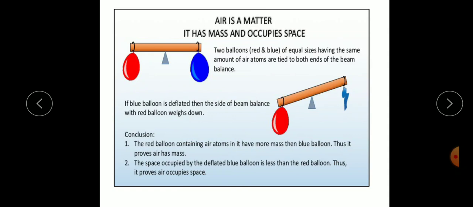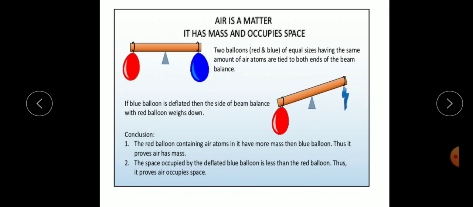Let us do one experiment. You did this experiment in the last lesson, the air chapter, students. So once again, listen to that experiment. You take two balloons, red and blue, different colors, of equal size having the same amount of air, tied to both ends of the beam balance.